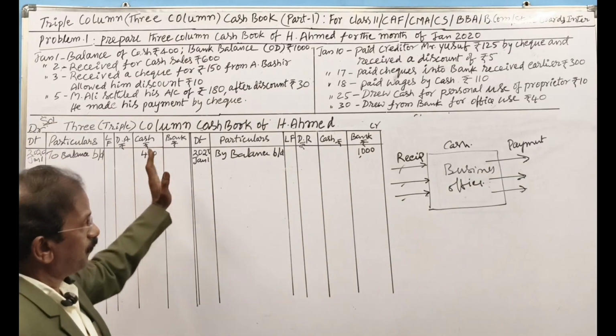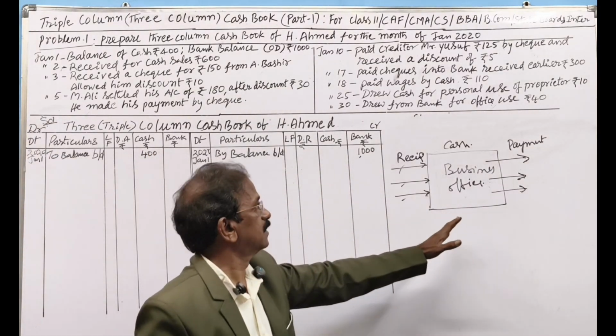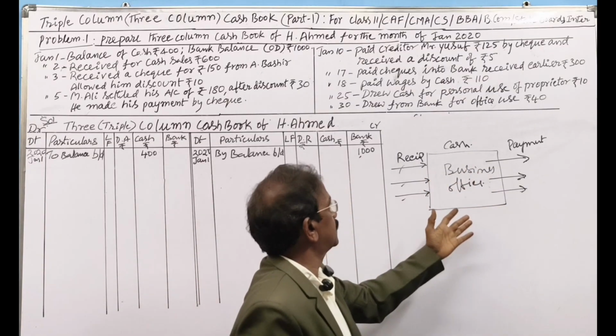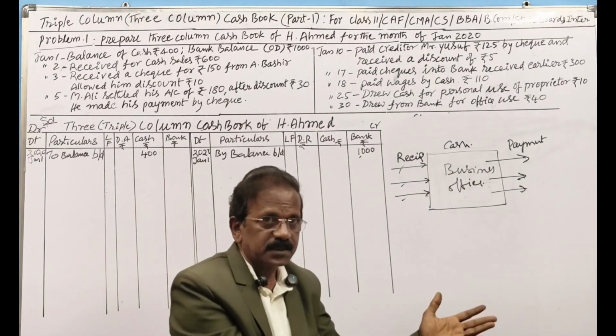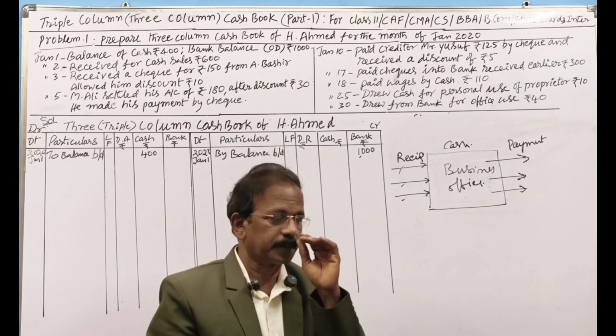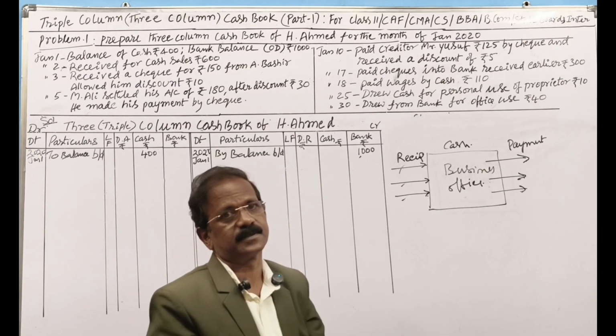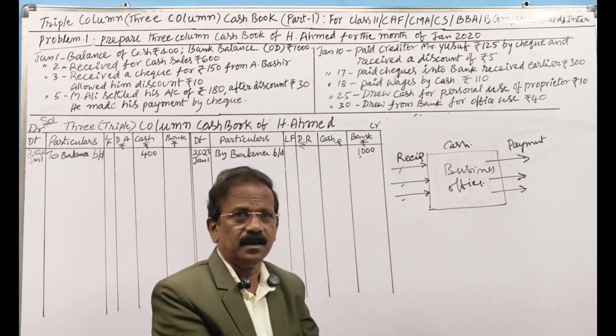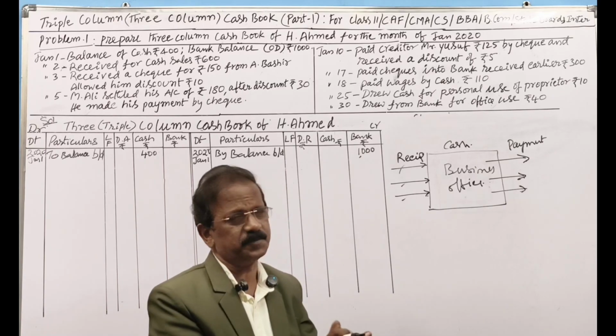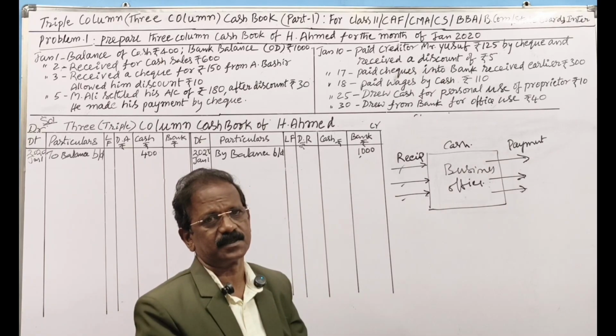Now, if you have excess cash, it means you are receiving more cash and you are paying less cash. At that time, cash balance will be there in the office. That cash cannot be kept in the office premises, business premises.